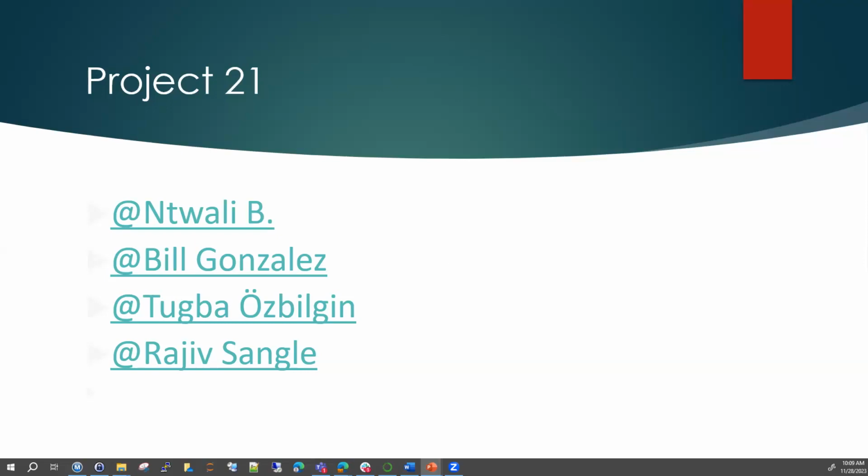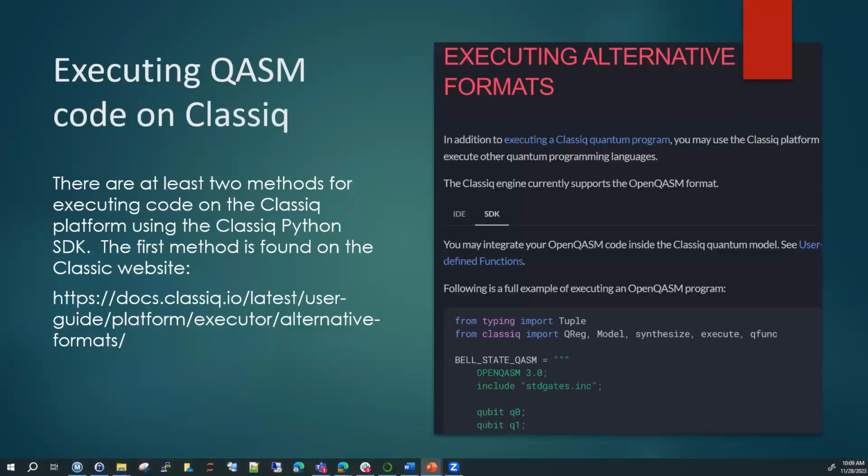So what we're looking to do initially is execute QASM code on Classiq. This is the way we can call on Classiq to execute code in order to integrate MIDIC. One of the first things we had to do, we talked a little bit about this last presentation, but there are 2 methods.